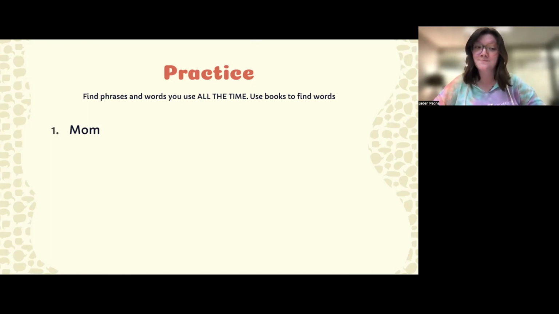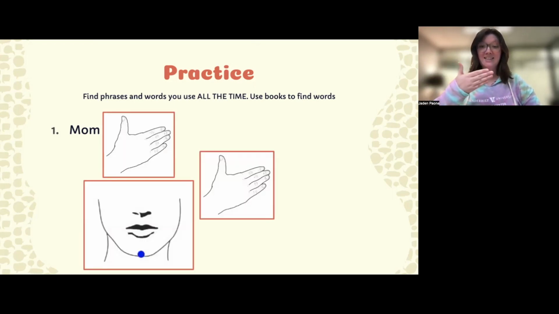So what we're doing with cued speech is we're going to be putting this hand shape. It's going to start on our chin, ma. That's how you would cue the first syllable, ma. And then it moves out to that neutral side because there's not another vowel with the second m. So mom, mom.